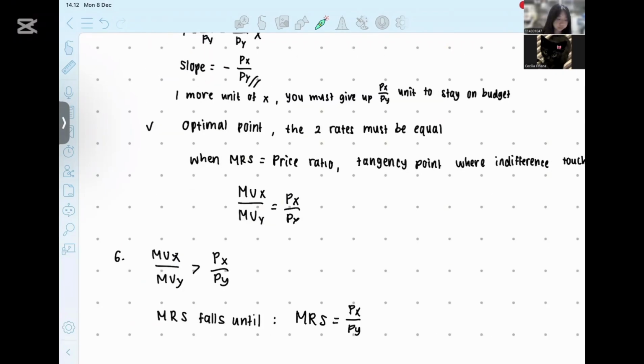For the next one, explain how the optimal quantities would adjust if the absolute value of the MRS is larger than the relative price ratio. So this means that the consumer values x more than the market does. We can write it like this: MUx per MUy is larger than px per py.